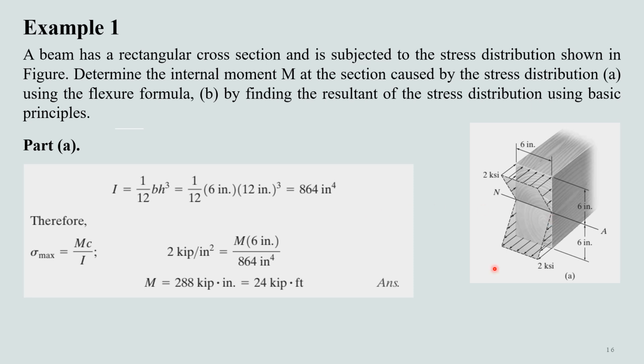Its moment of inertia is bh cubed by 12, and we have the flexural formula here, Mc by I. We plug in all the values and rearrange the equation to determine that the moment causing the stress distribution is 24 kip feet.